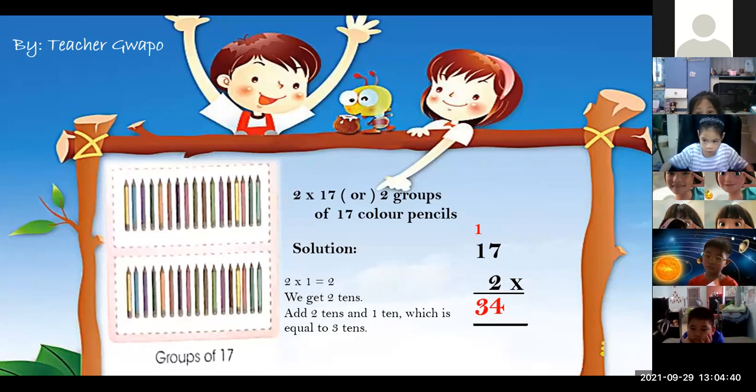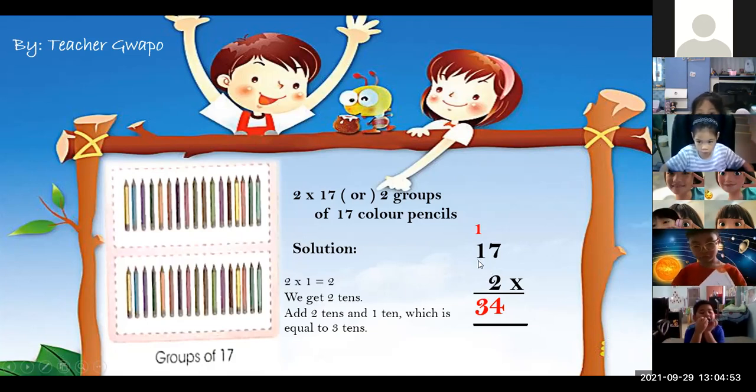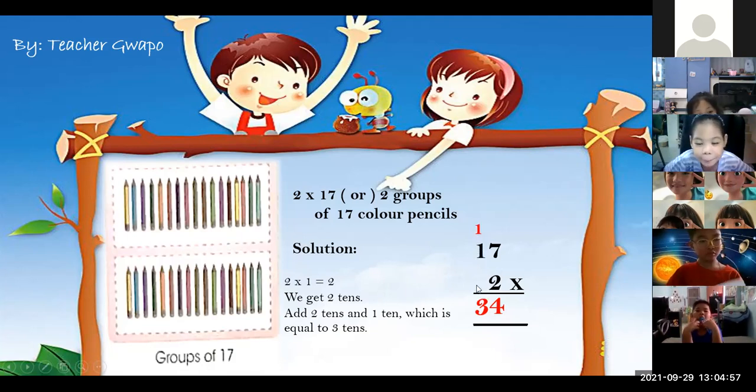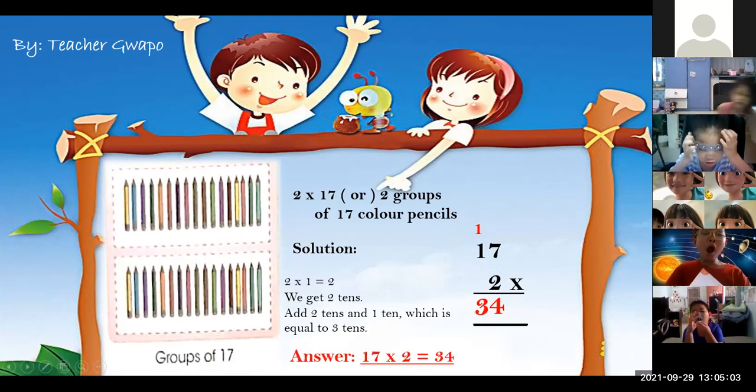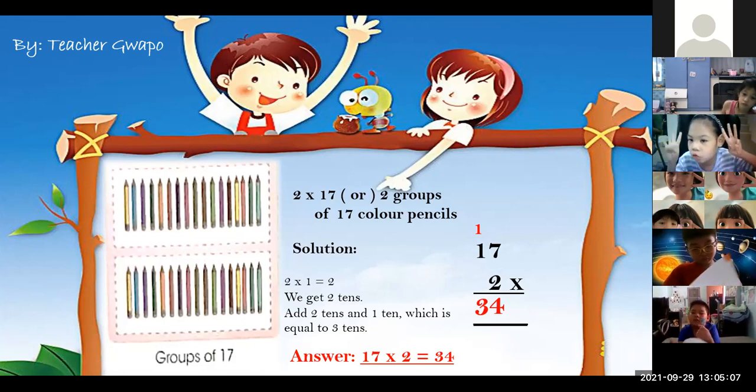So 17 times 2 is equal to 34. Again, 7 times 2 is 14. We write 1 here in the tens place. Then 2 times 1 is 2, plus 1 here, so 2 tens plus 1 ten is equal to 3 tens. So the answer: 17 times 2 is equal to 34.